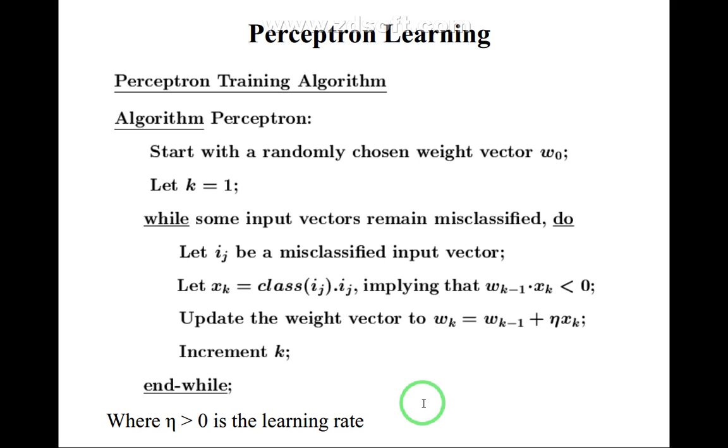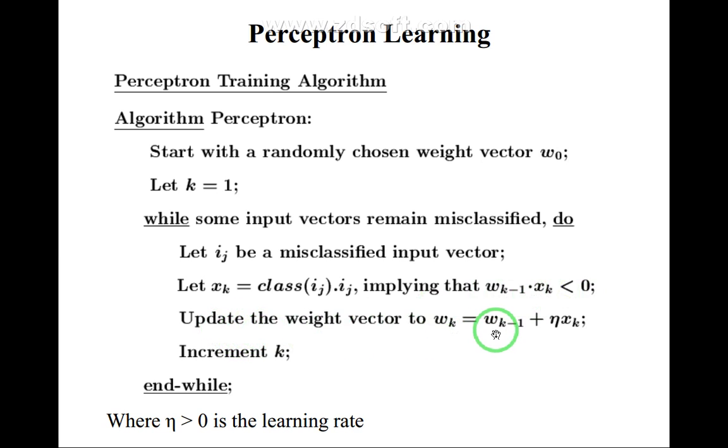Let's summarize the perceptron training algorithm. The algorithm starts with randomly choosing the initial weights, and then, while some input vectors remain misclassified, let ij be a misclassified input vector. Let xk equal class ij times ij, implying that w(k-1) times xk is less than 0.